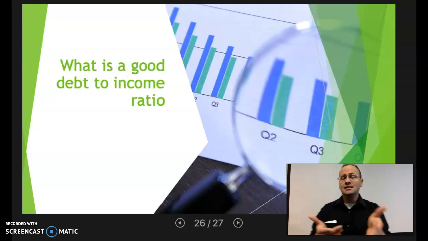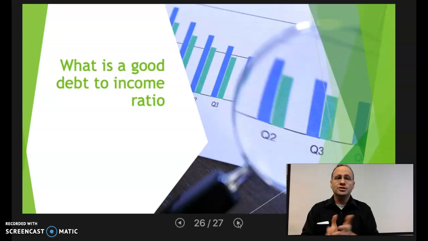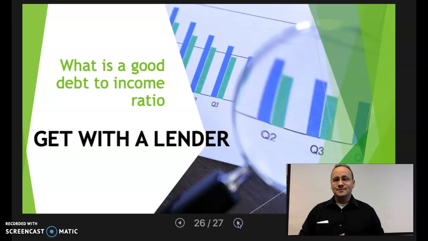Lenders like to see that you have a debt to income ratio somewhere in the 30 percentile, roughly. They often like to lend for the house at only about 25 to 28% of that. I'm going to say homework time. As a teacher, here I go. Homework time. Get with a lender.